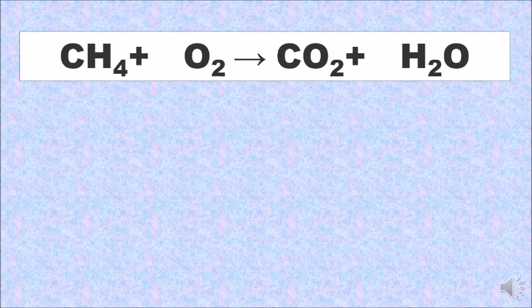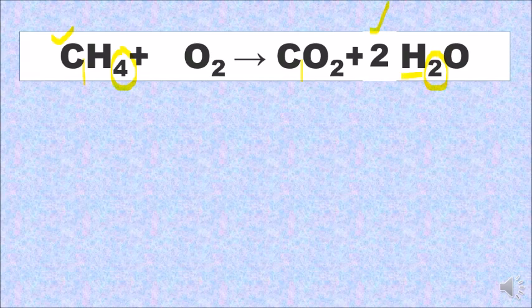So, let's start balancing this equation from methane. There is only one carbon on the left hand side and the right hand side. So, no need to balance the number of carbon. Now, the number of hydrogen on the left hand side is 4, but on the right hand side it is 2. So, we can put a coefficient 2 before H2O.